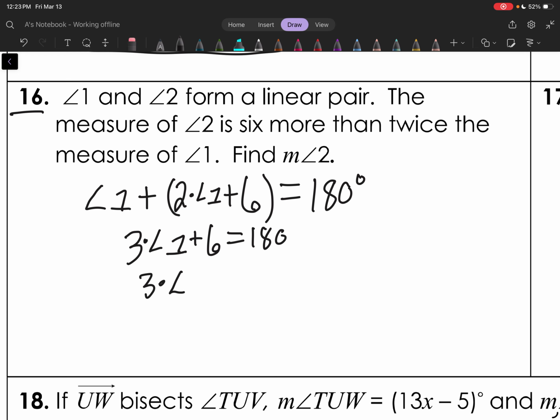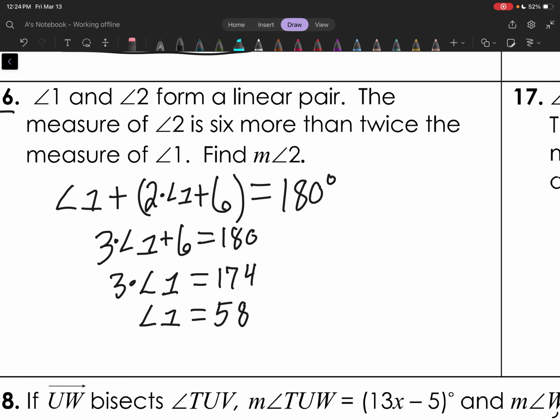3 times angle 1 is equal to 174. Divide by 3. Angle 1 is going to be equal to 58. That should be a 4. And it is 58. Okay.